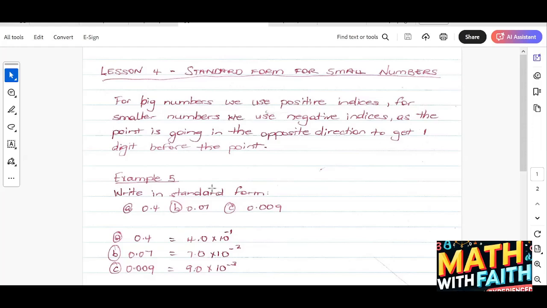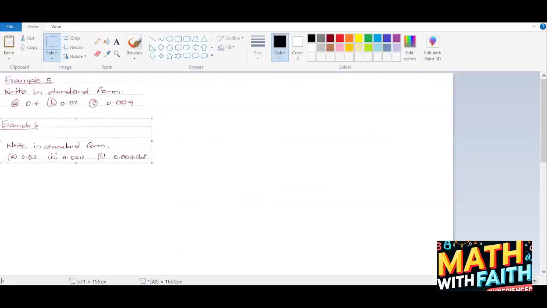So let's look at example 5. It says, write in standard form. So you recognize this number is less than 1. So any number less than 1, we're going to get a negative index, right? So let's look at part A. 0.4.